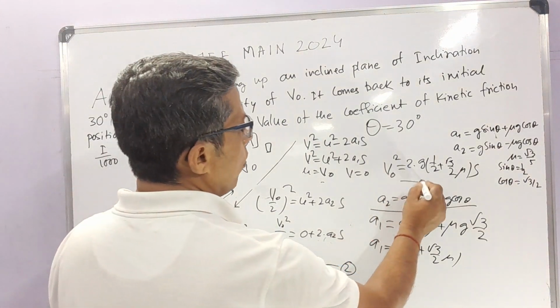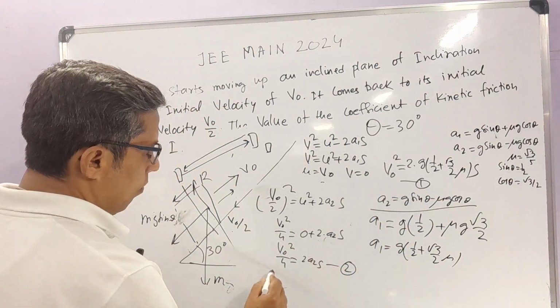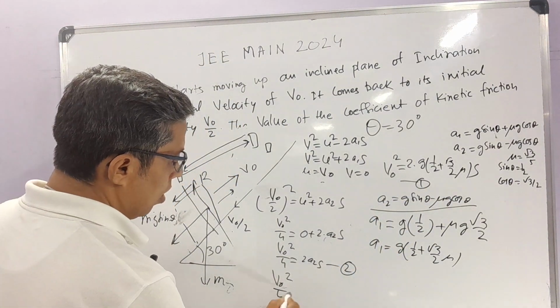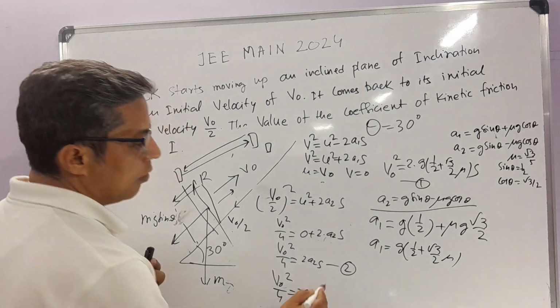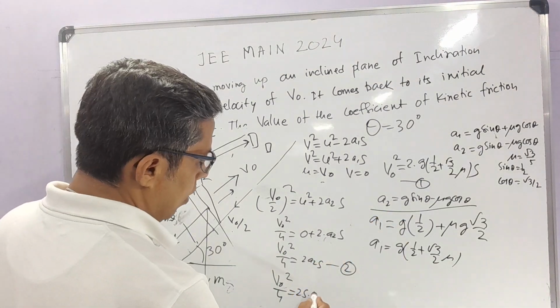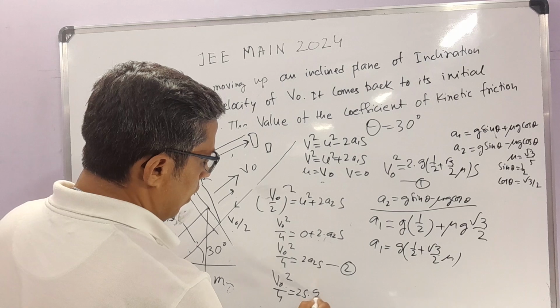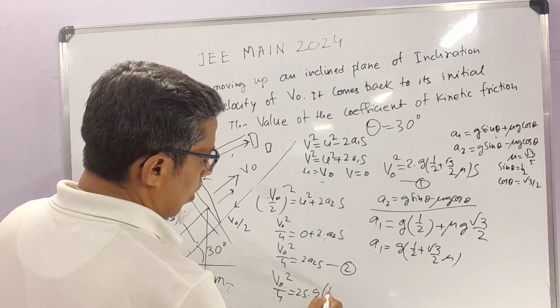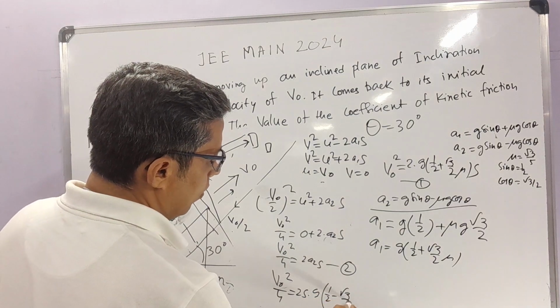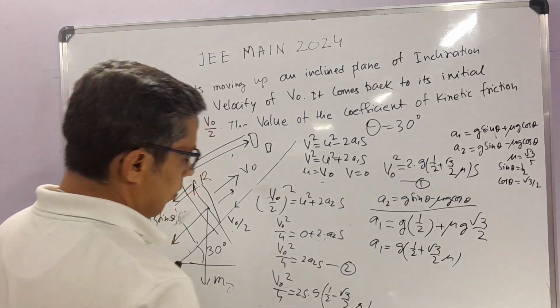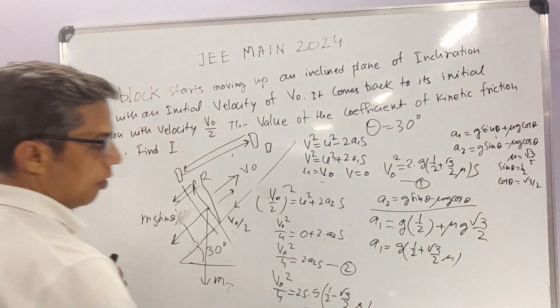Here I'll put the value of a2, which is g times half minus root 3 by 2 mu. This is equation 2.